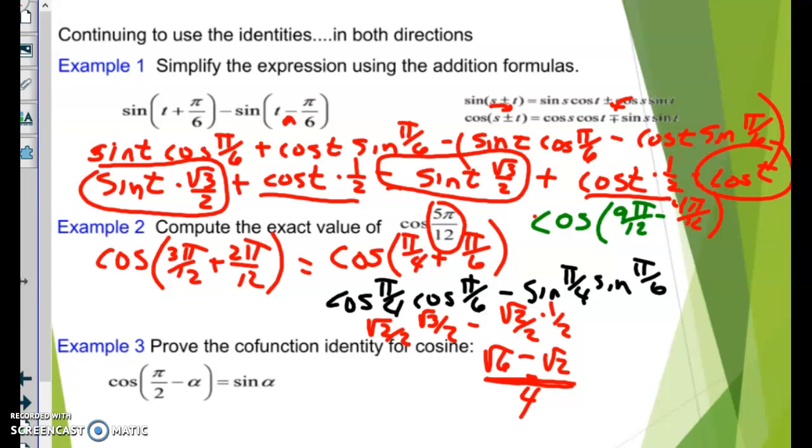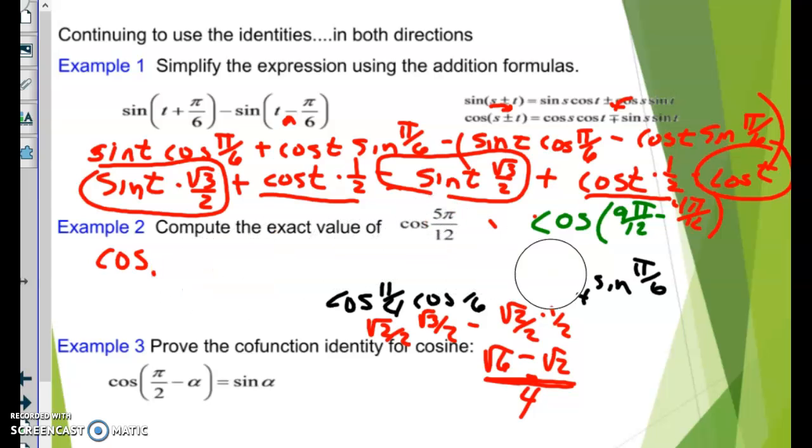Well, hopefully, because this is math, that doesn't happen. So let's plug into that formula and see if we get a different answer or the same answer.